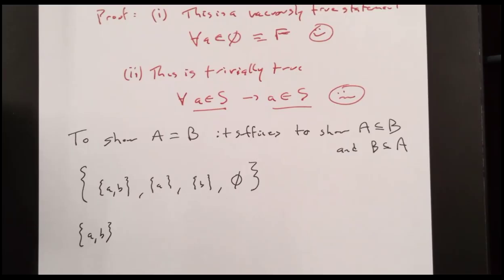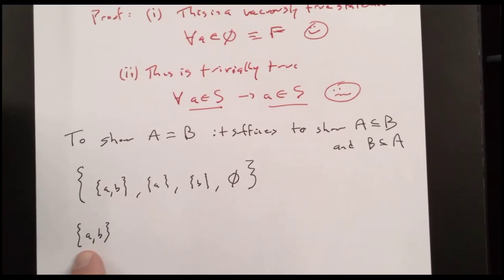There are subsets of this set, yes? But from the thing we just proved, I know the empty set is one of those subsets. I know the whole set is one of those subsets, right? So this is a subset of this. This is a subset of this. Isn't this a subset as well? Isn't this a subset as well? This is actually a collection of subsets.